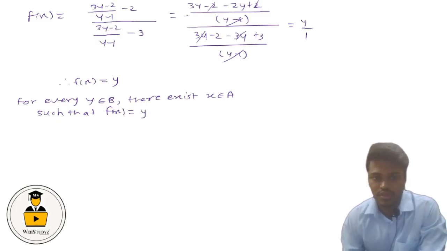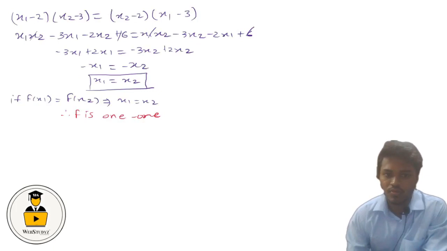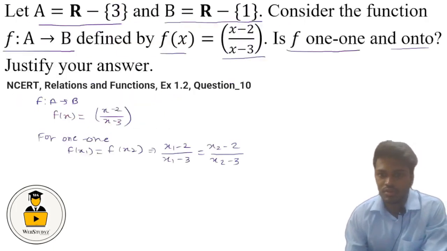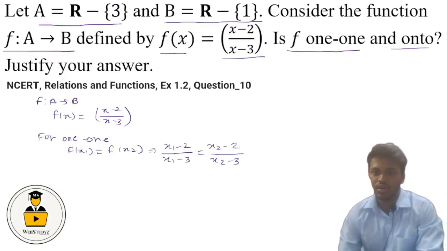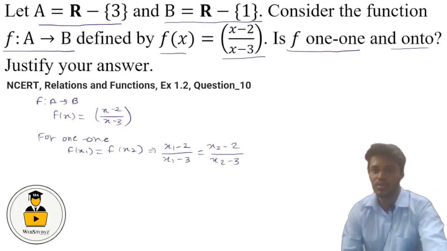Since it is satisfying this condition, we can say that f is an onto function. So we have seen that f is one-one and f is onto. Since it satisfies the conditions for one-one and onto, f is one-one as well as onto function. I hope you have understood it well, and thank you.